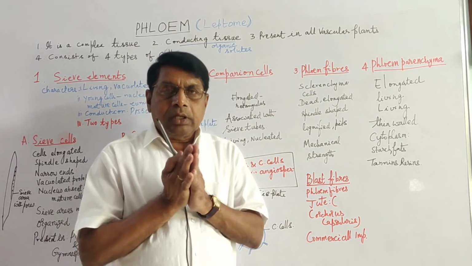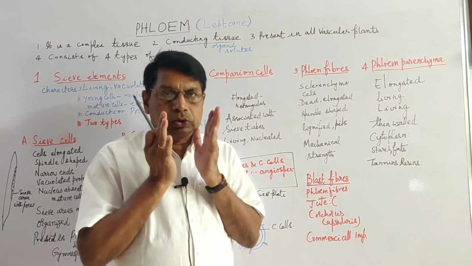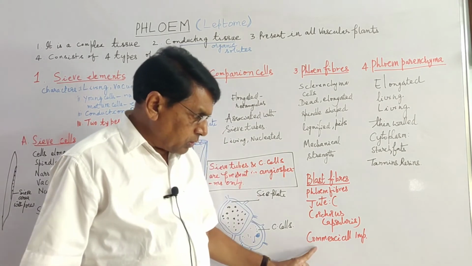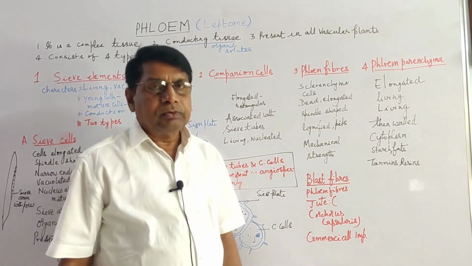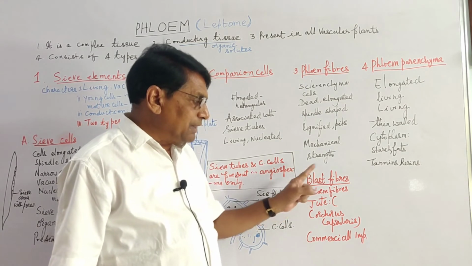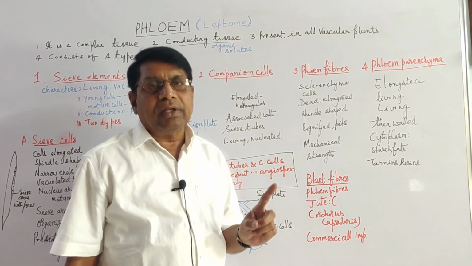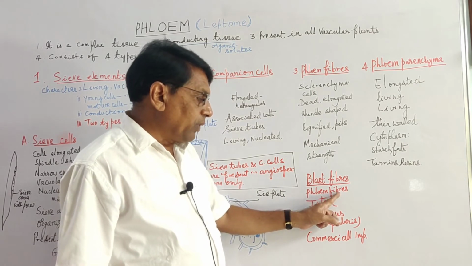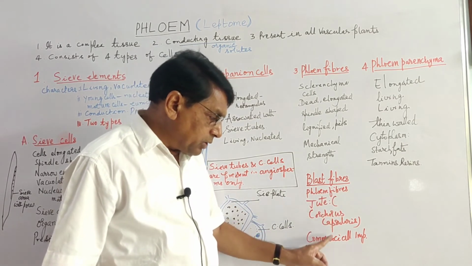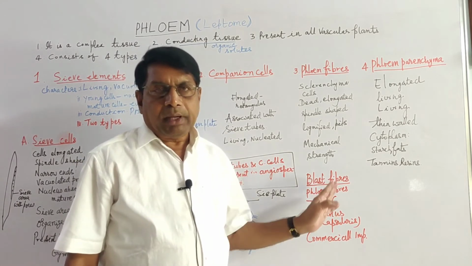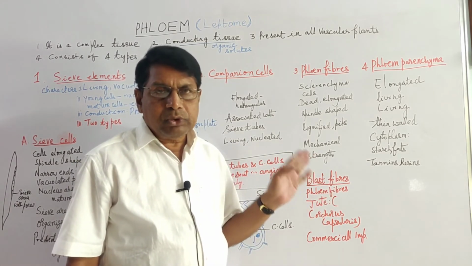One important point: jute, Corchorus capsularis, from which we get the commercial fiber. That commercial fiber is, in botanical language, the phloem fibers of this plant, secondary phloem. Gunny bags are made from jute.